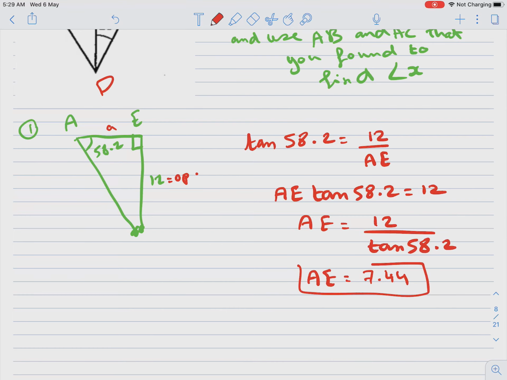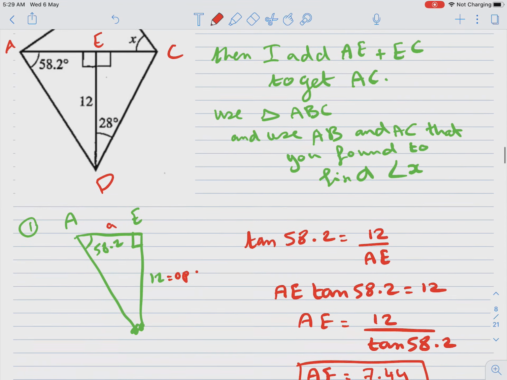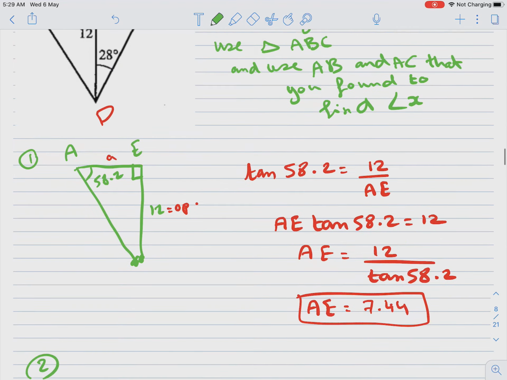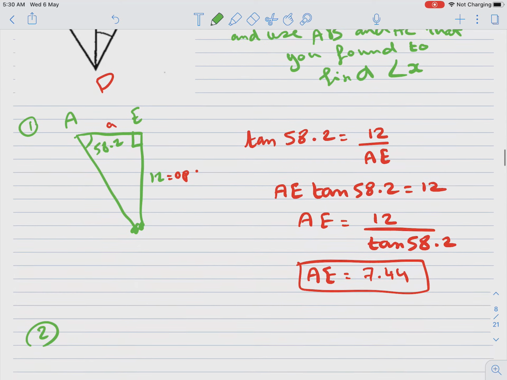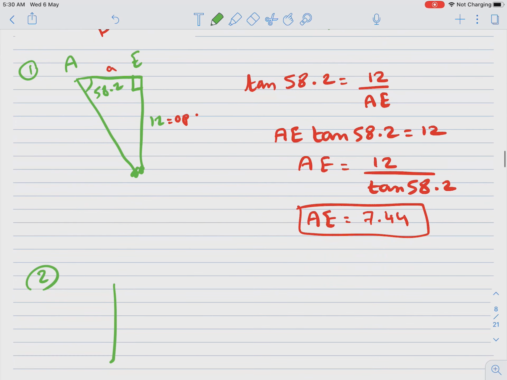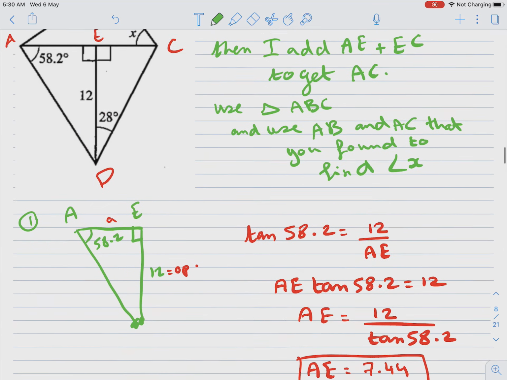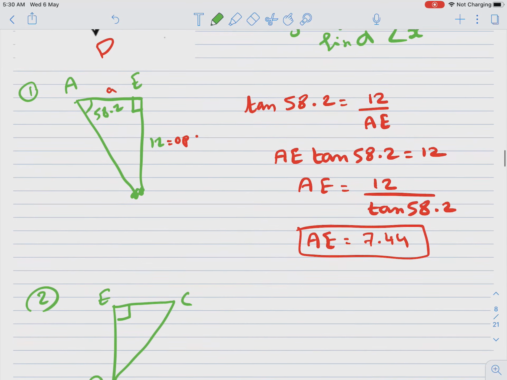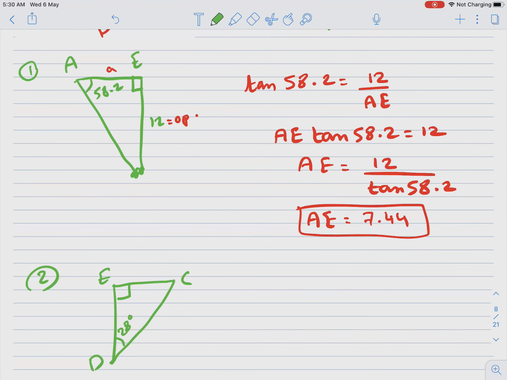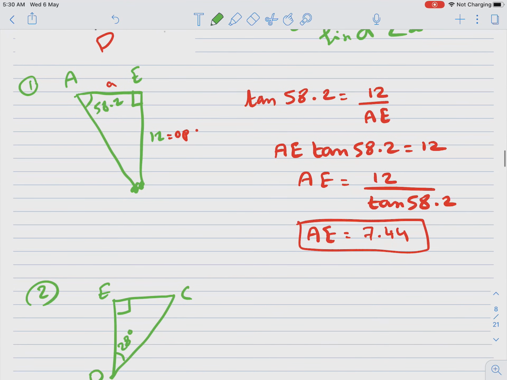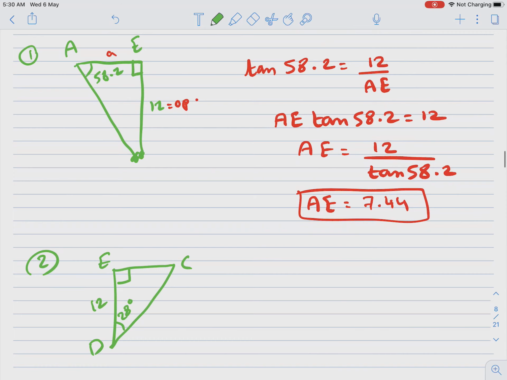Okay, I found AE. Now, next, I need to find EC. So step 2, to find EC in triangle ECD. Again, I will draw triangle ECD, and I have here my 90 degrees, and I have here 28 degrees, and this is 12, and I need to find EC.